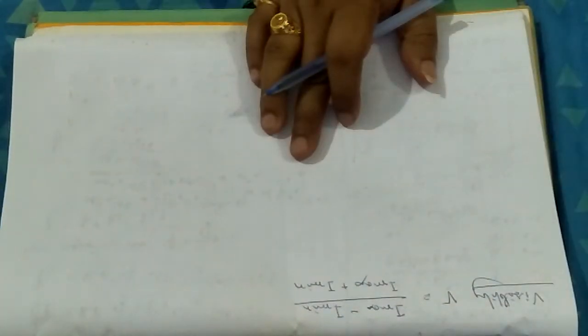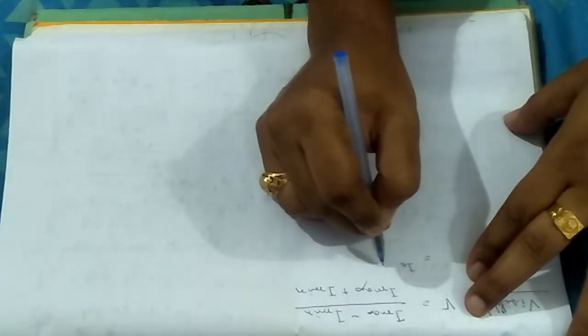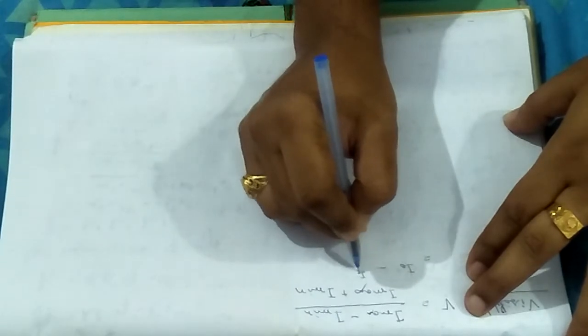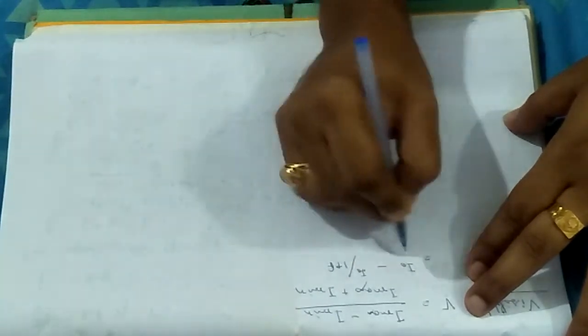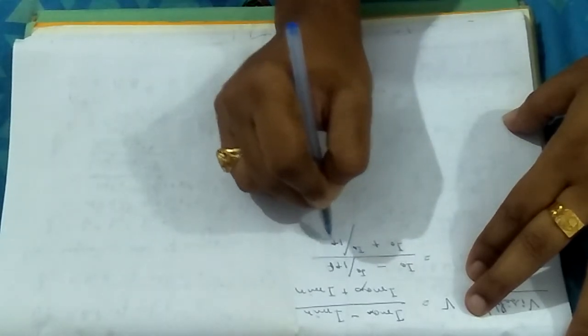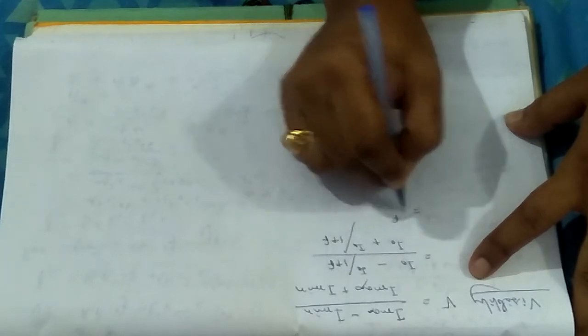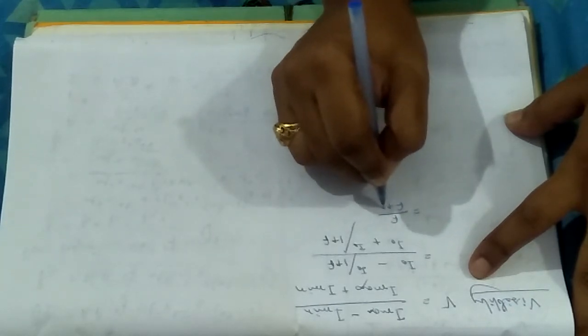Then you put in the values of I max and I min that you have calculated. I max equals I0 and I min equals I0 divided by 1 plus F. After simplification you will get the visibility to be F by F plus 2.